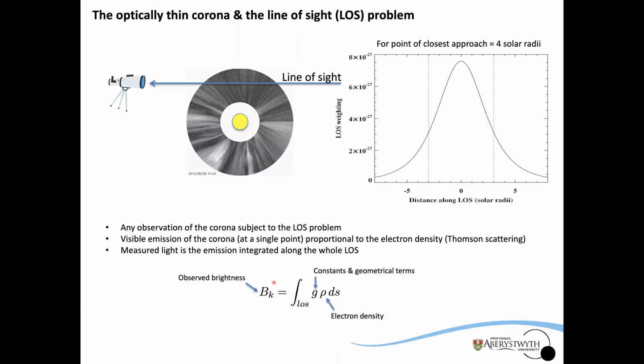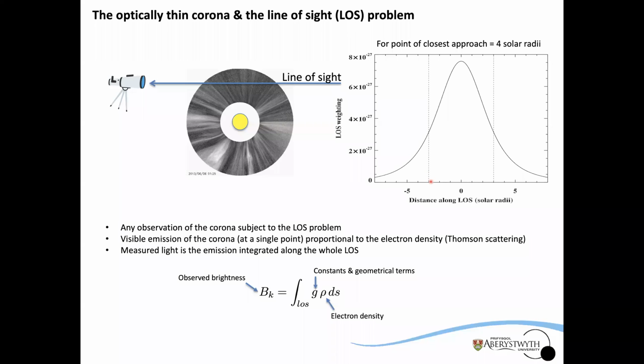So here's a simplified version of the equation. The observed brightness is the line of sight integral of the electron density times this term G. And this term G contains several constants and also geometrical terms. And I've plotted G here as a function of distance along the line of sight. So I've done this for a height of 4 solar radii, and this point 0 is the point of the line of sight that comes closest to the sun.